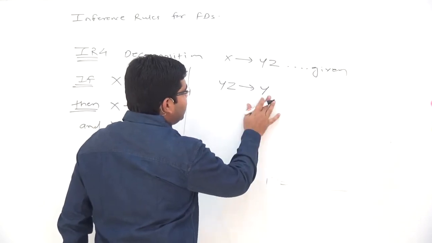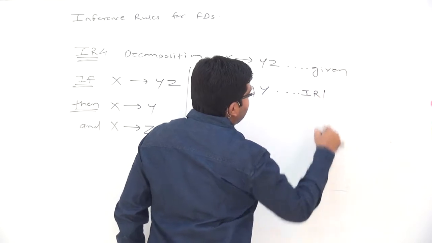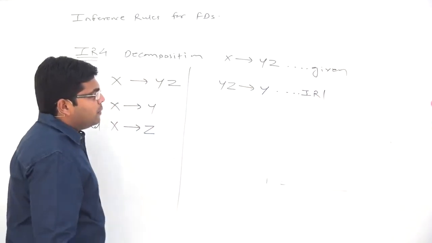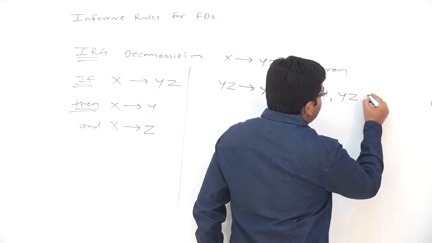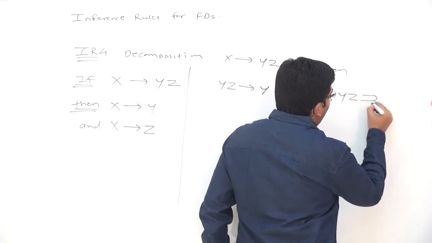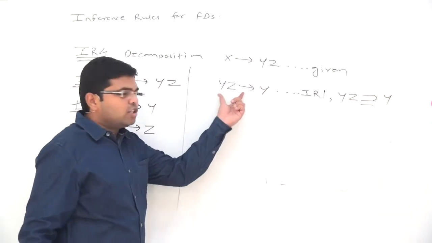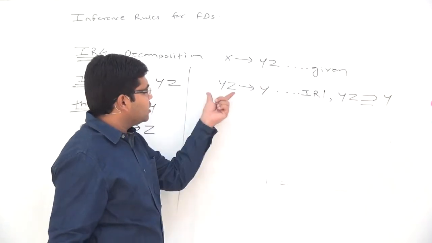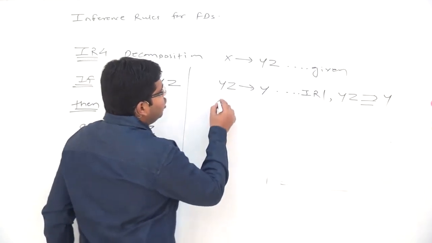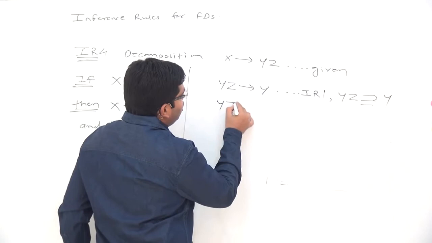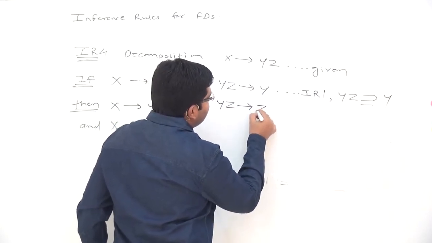We are applying the reflexive rule, that is inference rule 1, and that rule is applicable because YZ is a superset of Y. Left hand side is a superset of right hand side, and right hand side is a subset of left hand side. Similarly, you can also write down YZ gives the value of Z.